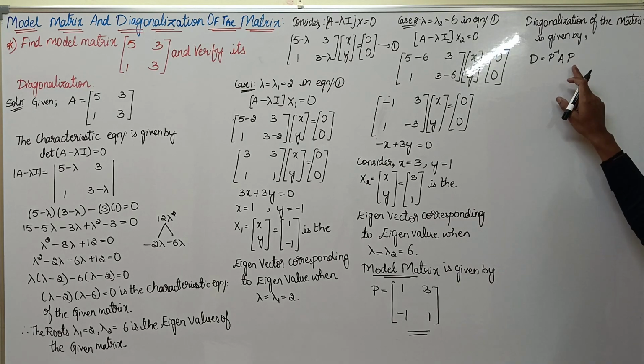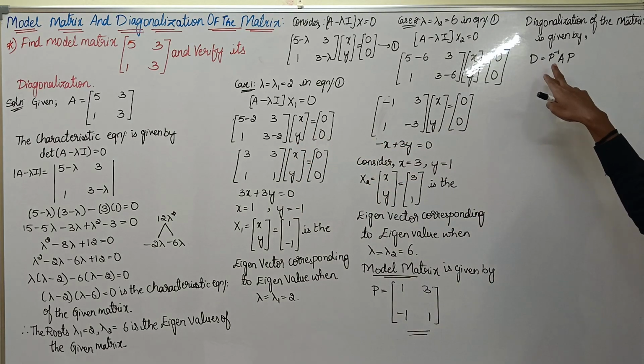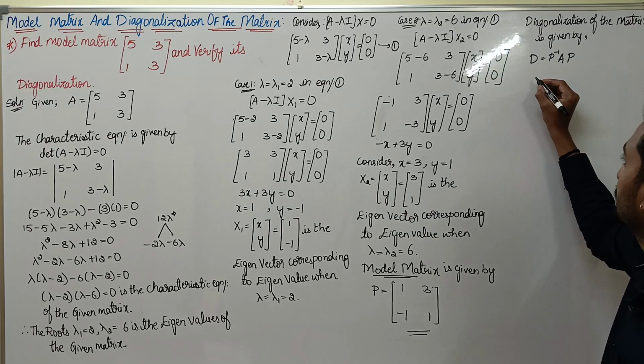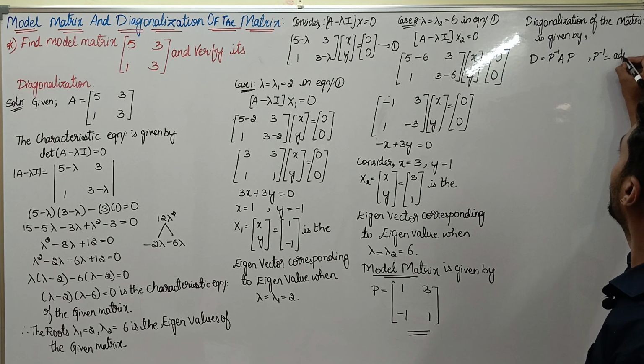Okay, done. What is P? It is the model matrix. What is A? The given matrix. What is P inverse? P inverse, first we need to find. What does P inverse represent? P inverse represents the adjoint of P divided by the determinant of P.